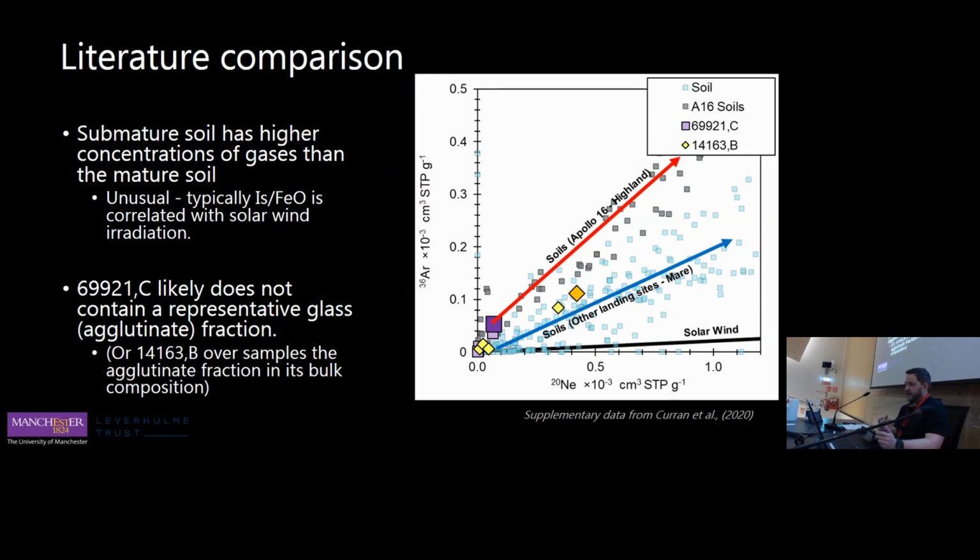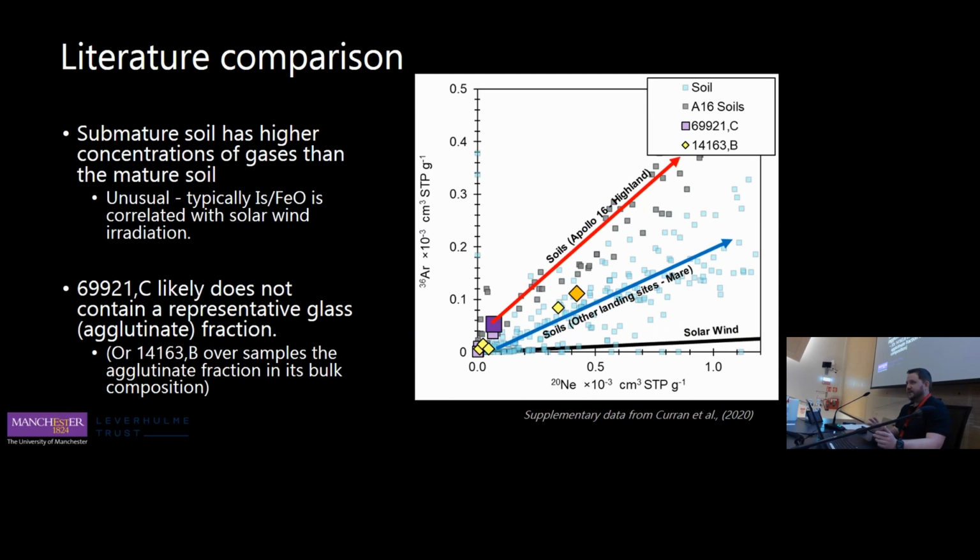And this is how our measurements compare to literature data. As you can see, the submature sample 14163, which is the yellow diamond, appears to contain greater concentrations of gases than the more mature sample, which is the purple square.